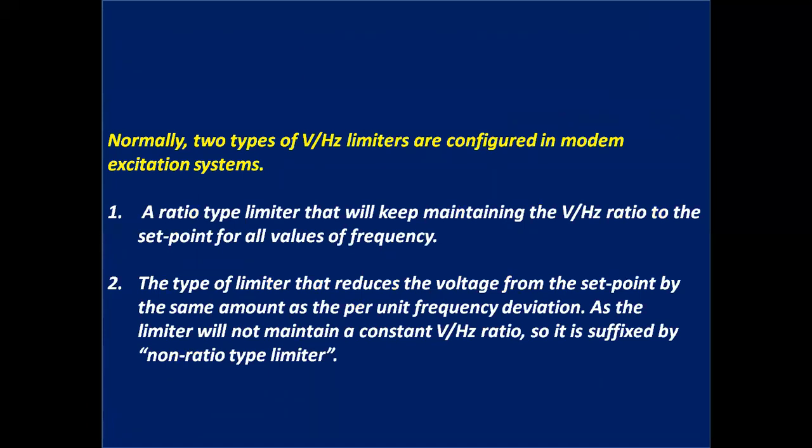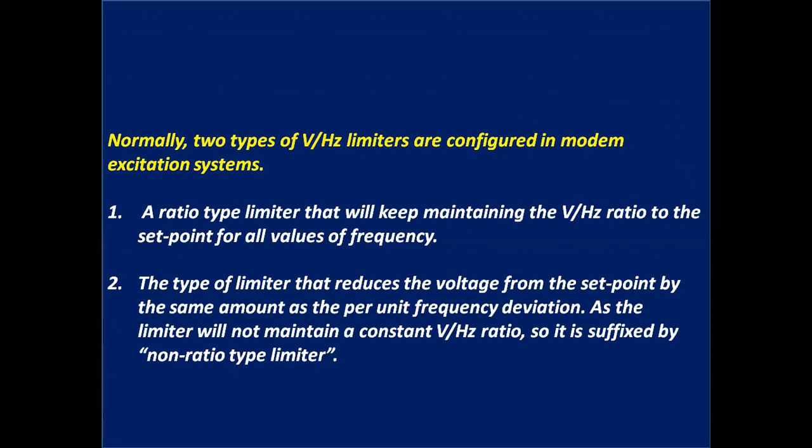Normally, two types of volts per Hertz limiters are configured in modern excitation systems. One, a ratio type limiter that will keep maintaining the volts per Hertz ratio to the set point for all values of frequency.